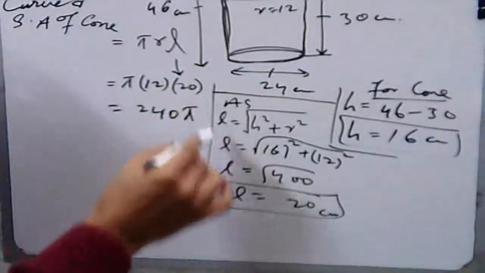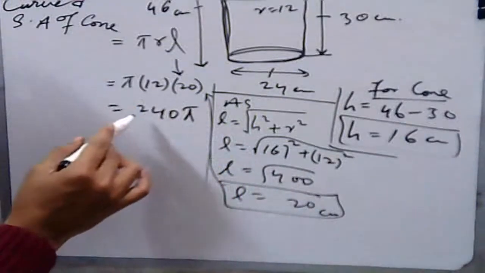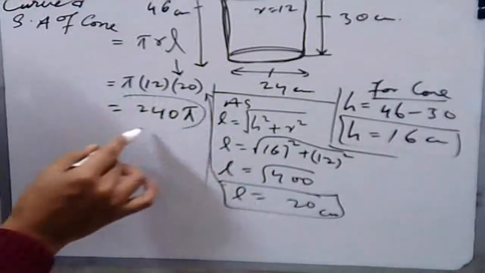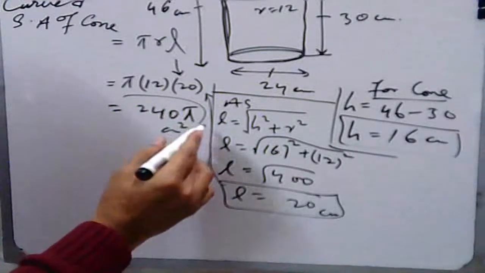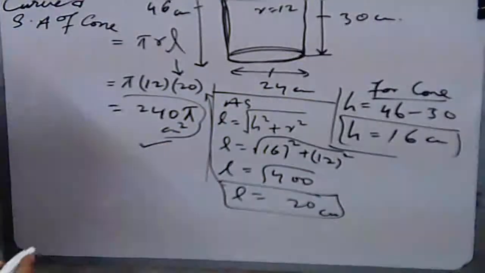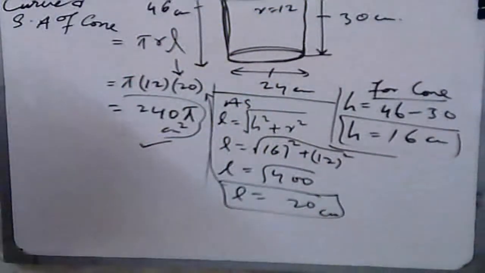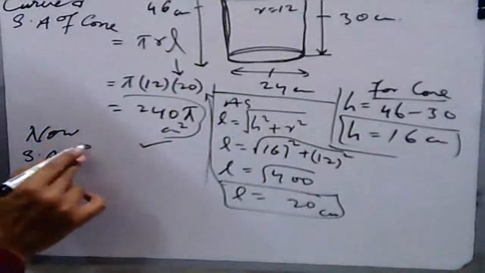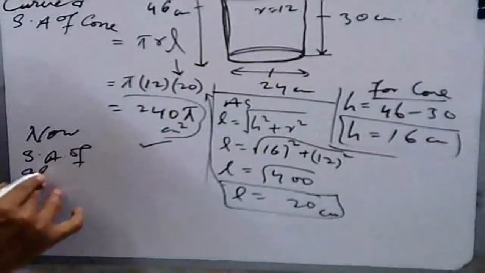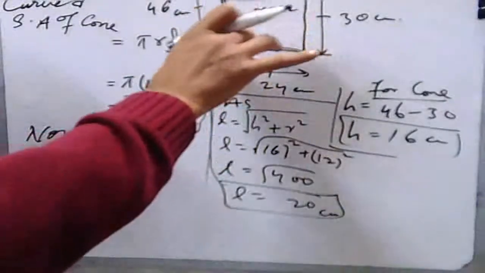Now we have to find the surface area of a cylinder. Because we have two portions for areas, let us say the total surface area of a cylinder, because it comprises two shapes, that is cylinder having base area as well as curved surface area.